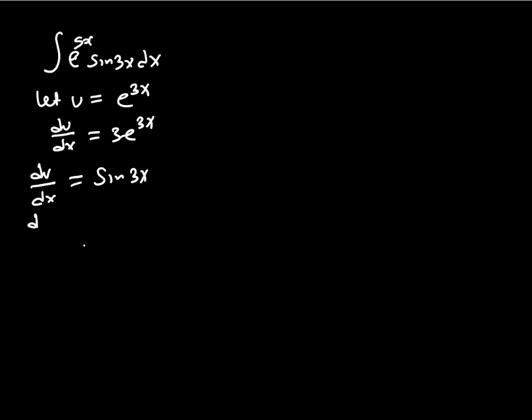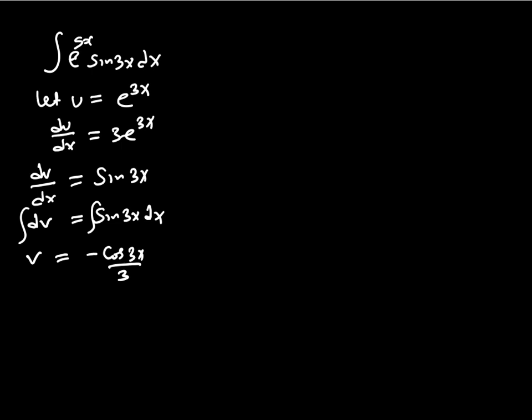If we integrate, go ahead and integrate both sides, and you end up with v equals, when you integrate, negative cosine 3x out of 3.